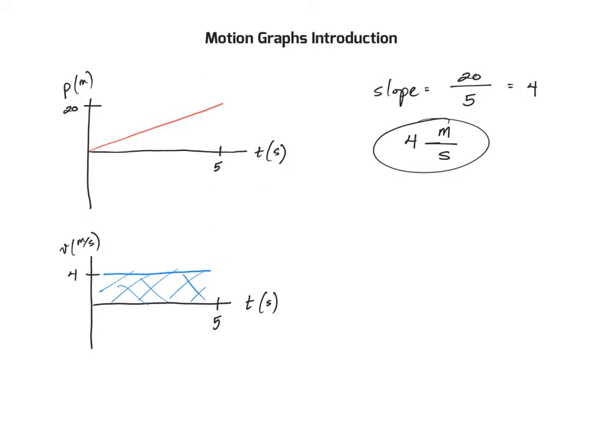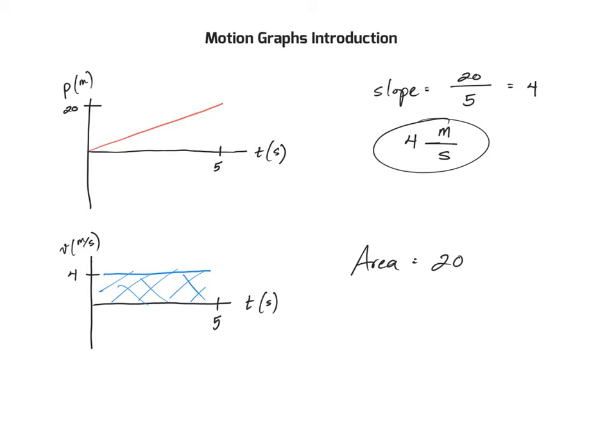Now, for the sake of doing this, say I wanted to find the area of this shape. It's pretty obvious that this is a rectangle, right? So to find the area of a rectangle, I'm going to take base times height. So my area is going to equal 20. Now 20 what?